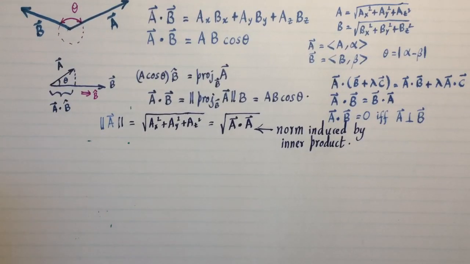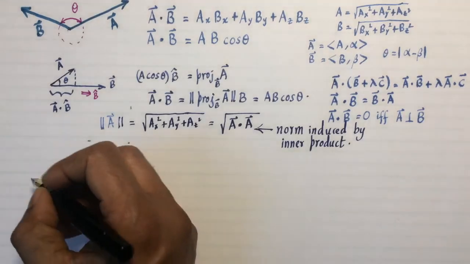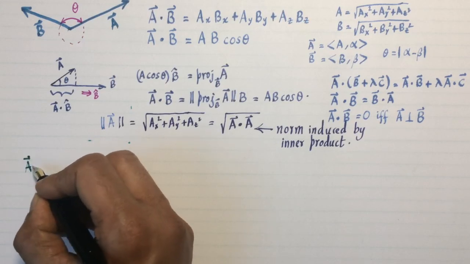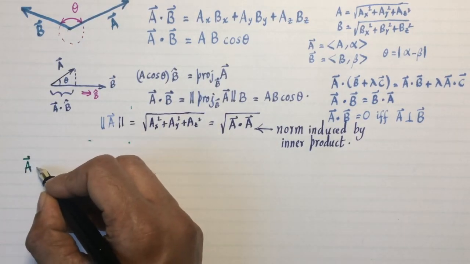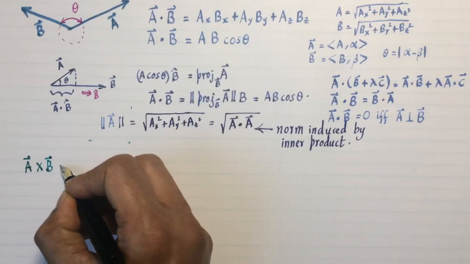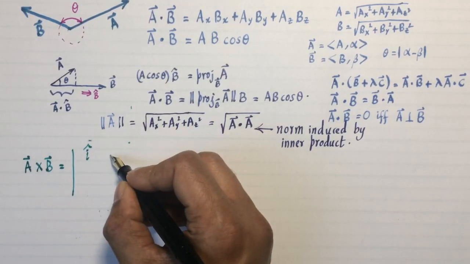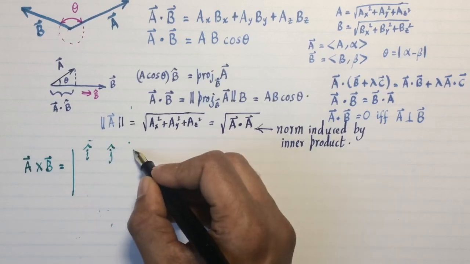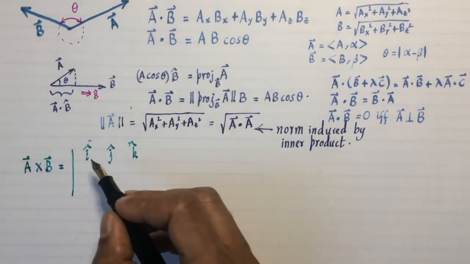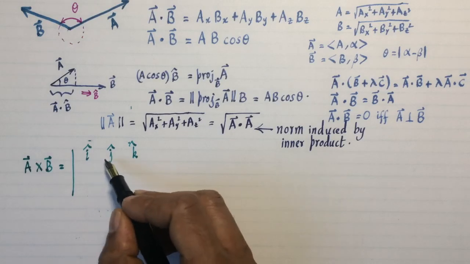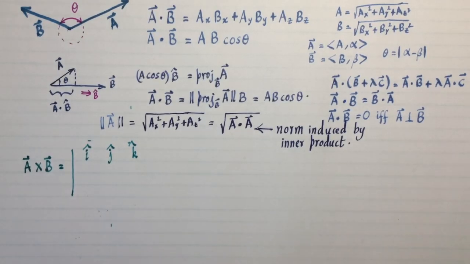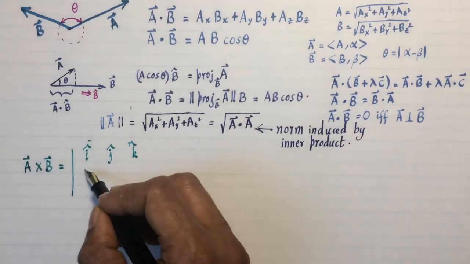Now let's talk about the cross product. The basic definition of the cross product comes from the matrix definition. A cross B is the determinant of the following matrix. For the first row of the matrix, you write I hat, J hat, and K hat, which are the three unit vectors along the I, J, and K direction.